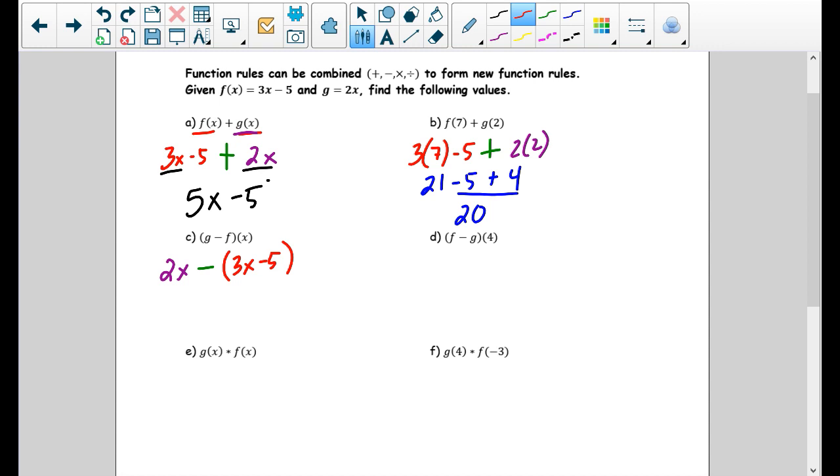Because now I have 2x, and this is going to be a negative 3x and a positive 5, changing our signs. So I would change every sign behind and make an addition. So now I have 2x minus 3x, which gives me a negative x. And then the plus 5 is still at the end there.